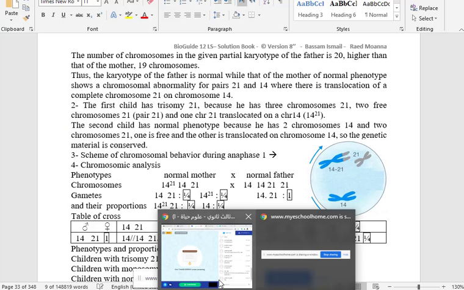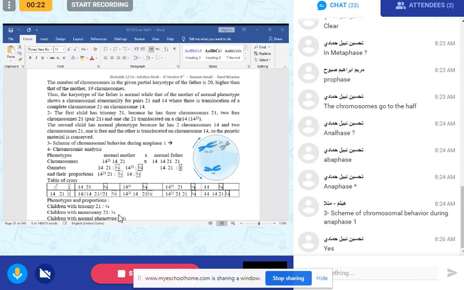Okay. Look with me here. Phenotype, normal mother, normal father. Genotype. For the father, you write 14, 14, 21, 21. Easy. For the mother, 14 and 14 above 21 and 21 alone.